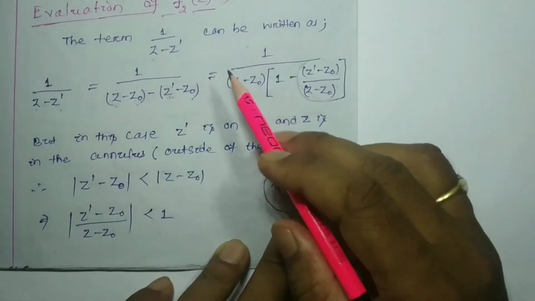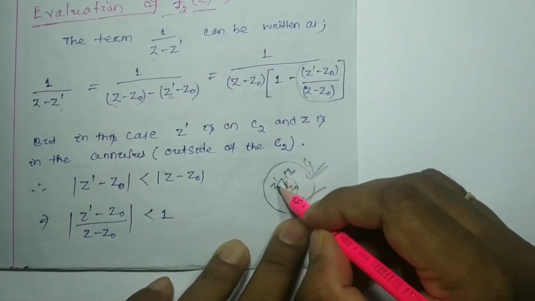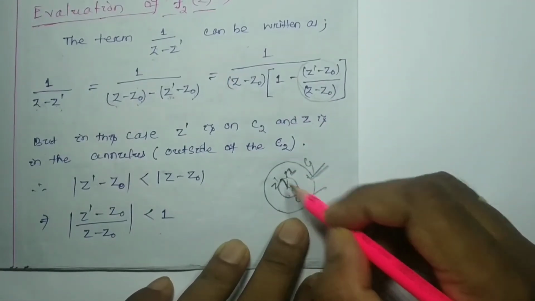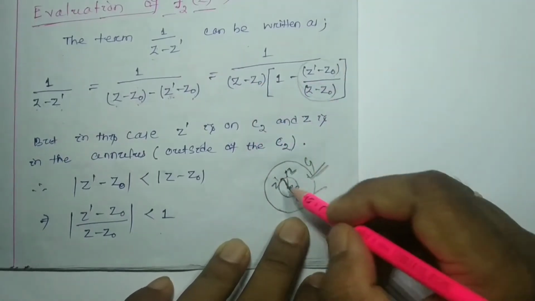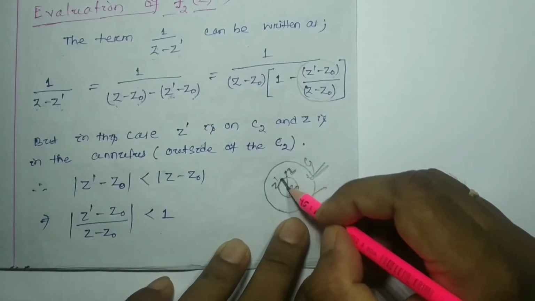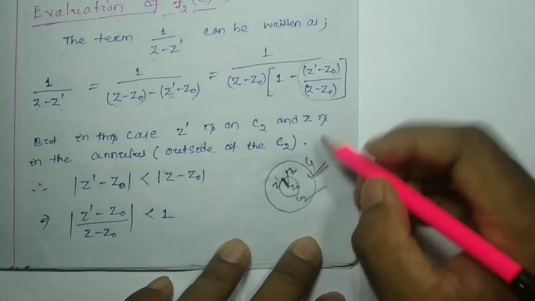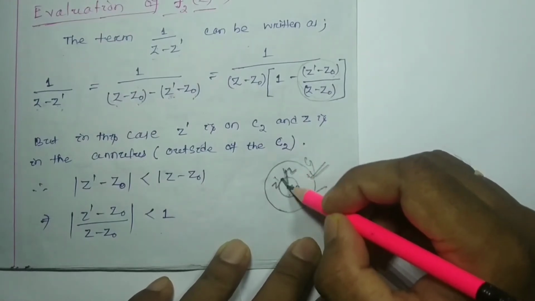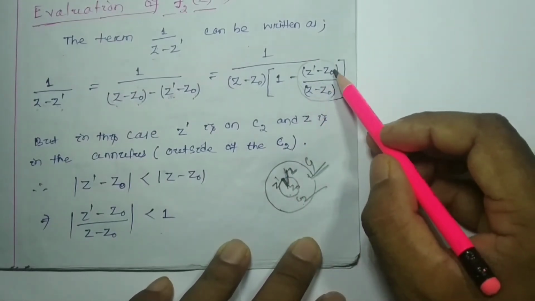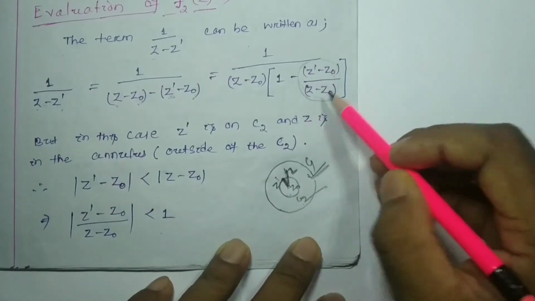For this f2(z) case, we have to consider z dash on the circumference of C2. So z dash minus z means this much small distance, and z minus z0 means this large distance. So obviously z dash minus z0 by z minus z0 will be less than 1.